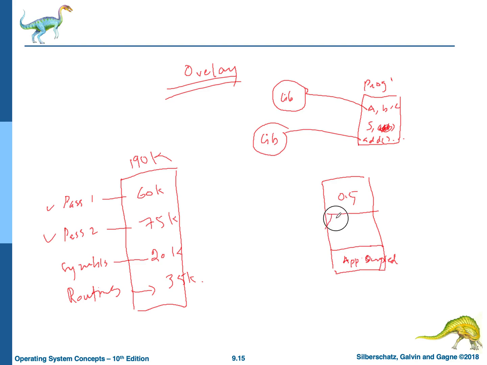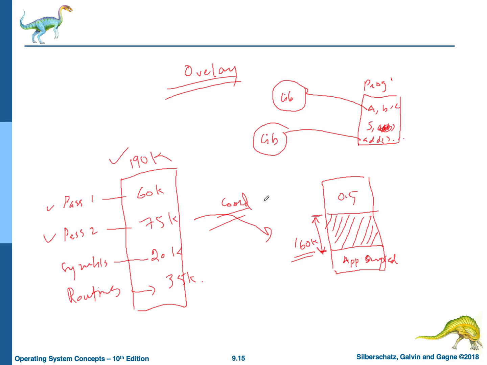Now we have only this space available here, maybe only 160k, while we need 190k. Now what will happen is that we cannot normally load this program into the main memory because we don't have enough memory. So this program will be crashing all the time.